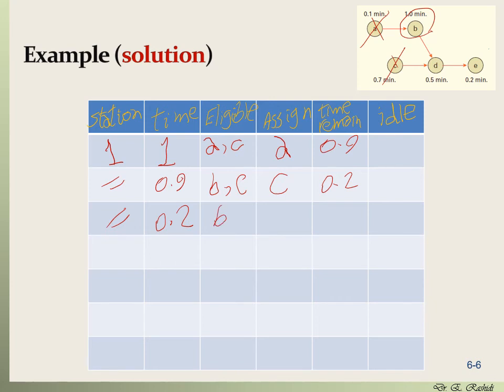Well, task B would require 1 minute of processing time, and we only have 0.2 minutes at workstation 1. So we cannot assign this. We're not going to assign it, we're going to be left with 0.2 minutes at workstation 1, and we're going to close this.